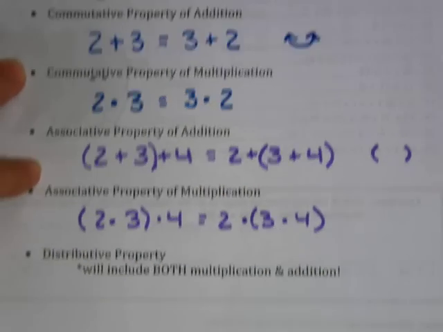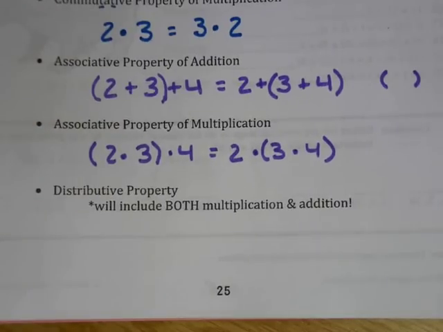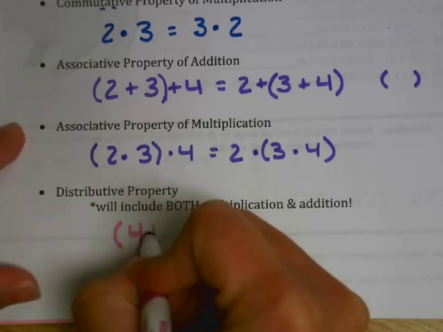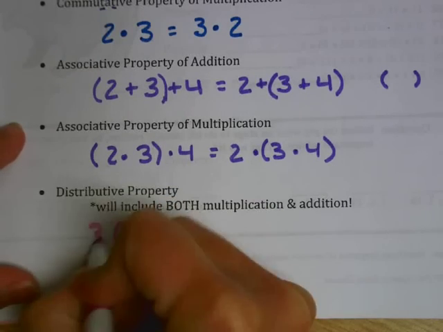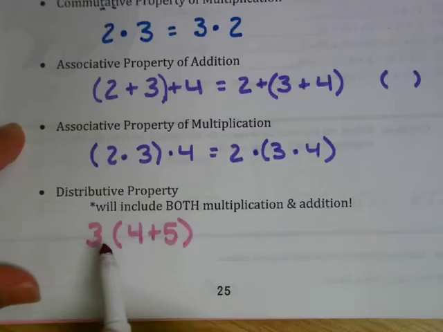Okay, back to the distributive property. This one includes both multiplication and addition. So as we do practice today, if you see a property where there's multiplying and adding going on in the same expression, it's going to be the distributive property. The distributive property says if you've got something, let's use these examples, something like this. Okay, I've got 4 plus 5 in parentheses and a 3 on the outside.